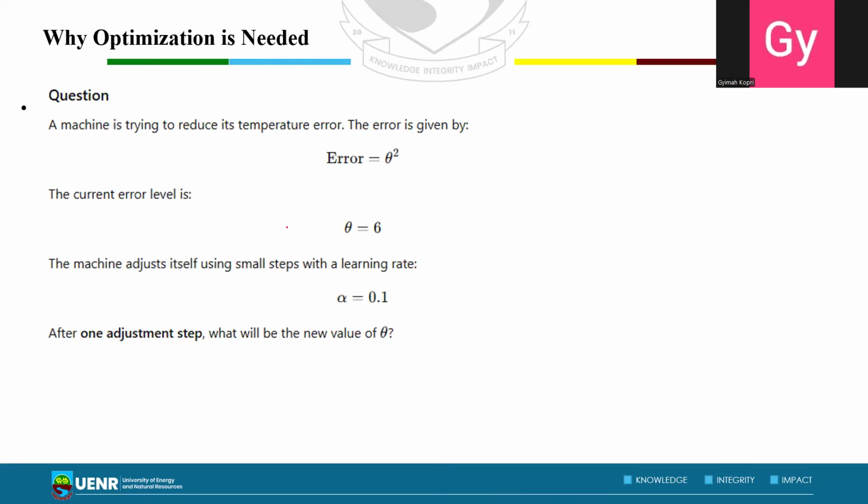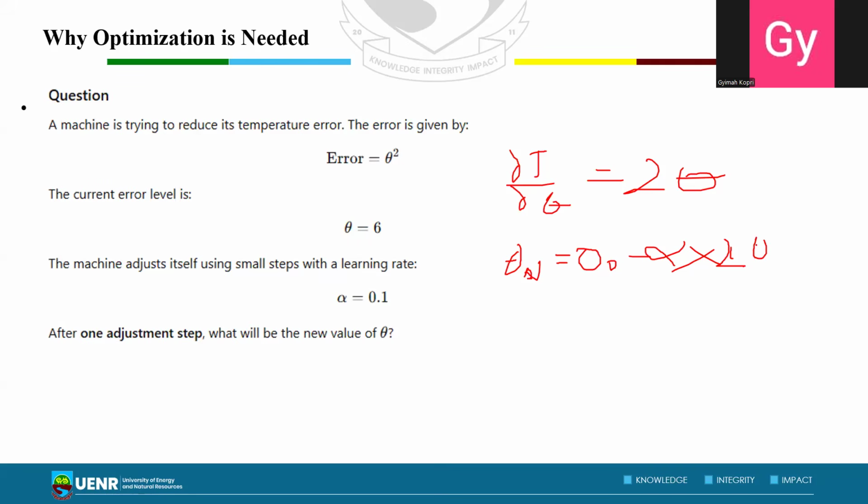Now let's go to our next question. The same thing applies to this. We have the differential of the cost function with respect to our theta equal to 2 multiplied by theta, the same thing. So when I come in here, I'll have my new error, theta new, equal to theta old minus learning rate multiplied by 2 multiplied by theta.